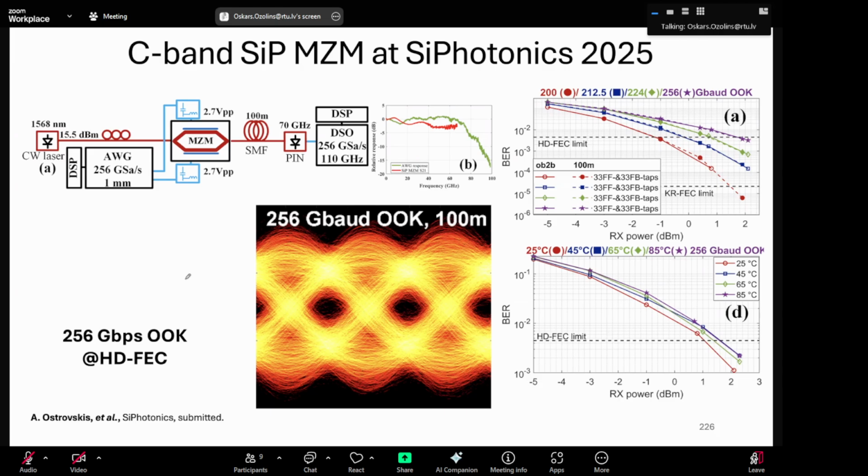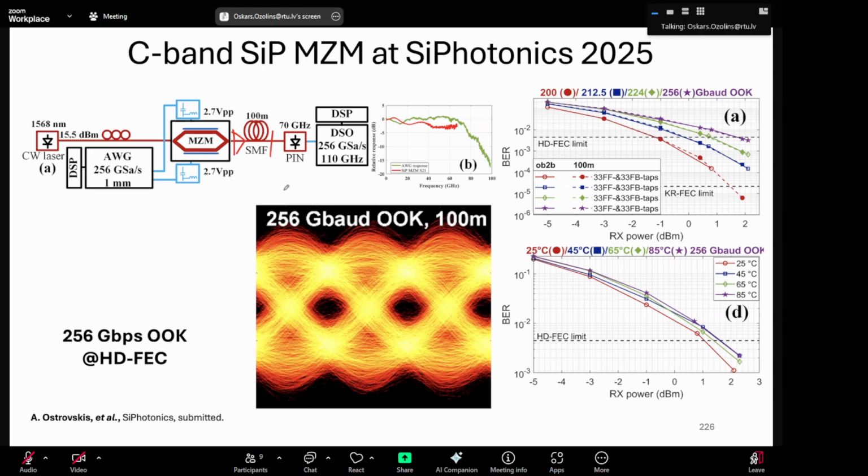Okay. So that's the eye diagram. That's when we don't use an amplifier. So that's like 300 gigabits, I think the highest we achieved. And we also have a result where we use an EDFA, I think here.